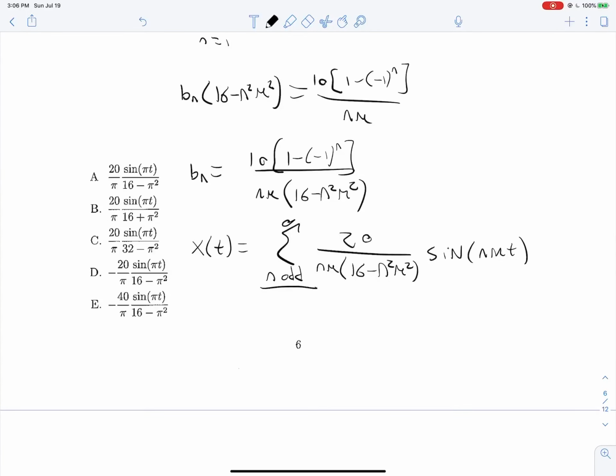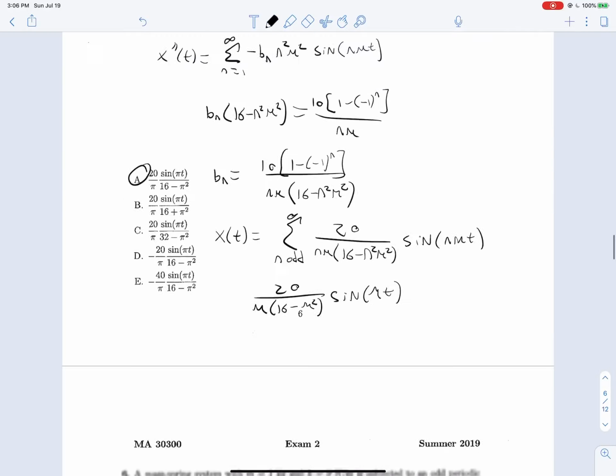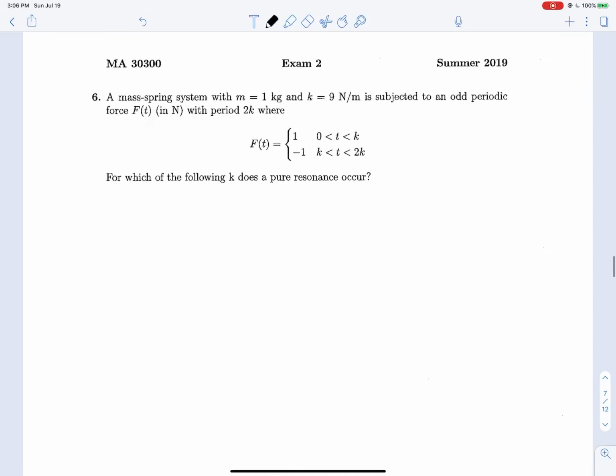Well, for our first odd integer, n equals 1, we get 20 over pi times 16 minus pi squared, sine of nt. And that is answer choice A. And when I say nt, I meant pi t, because that n is being replaced with a 1.